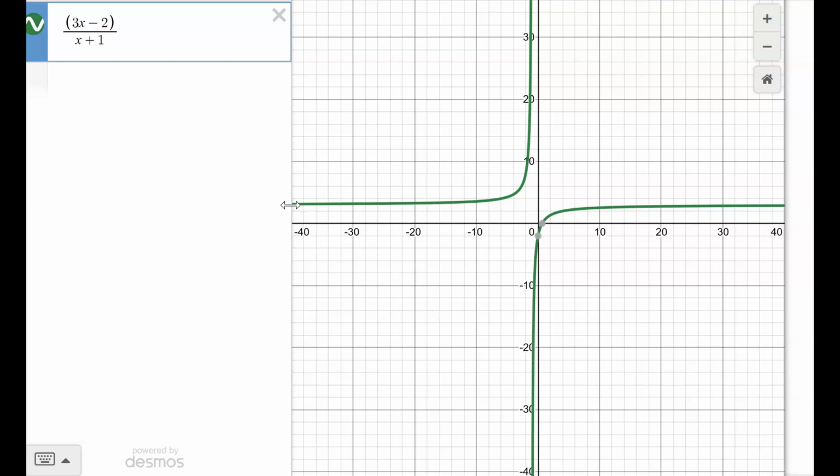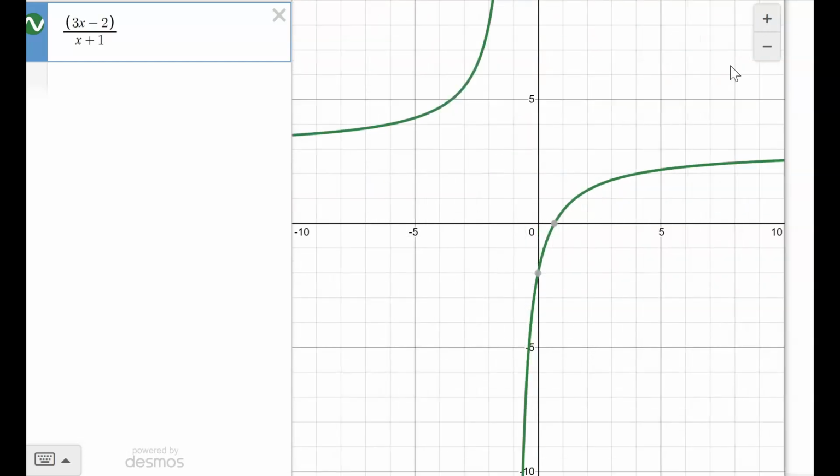So with the y value, I'm going to come up here. It looks like there's an asymptote right here for y. Let me go ahead and zoom in a little bit more so we can see it a little better. If we look at the graph, for instance, this point right here has a y value of 0.